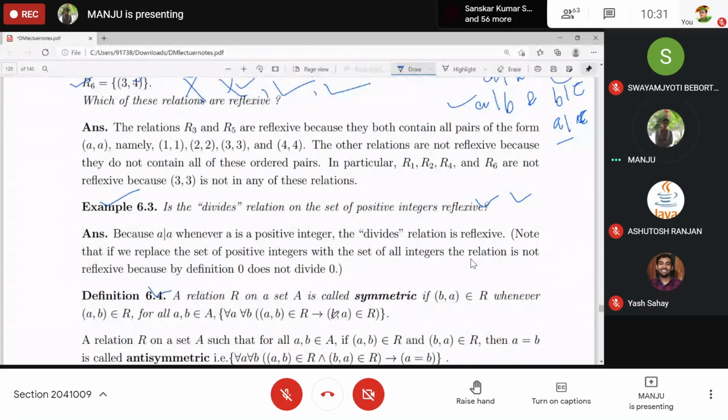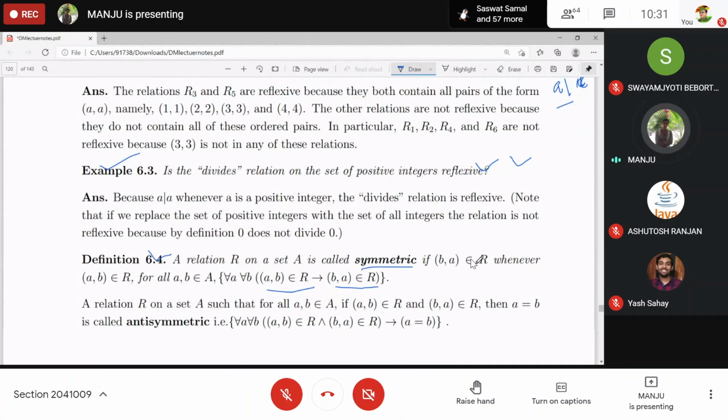Symmetric: if AB is present, then this implies BA is present.